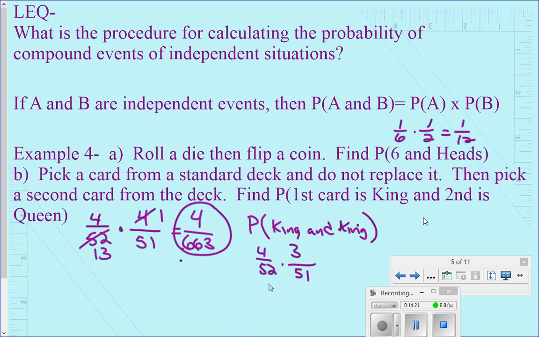And I think this is 1/13 times 1/17. And that gives me 1 over 221. Okay.